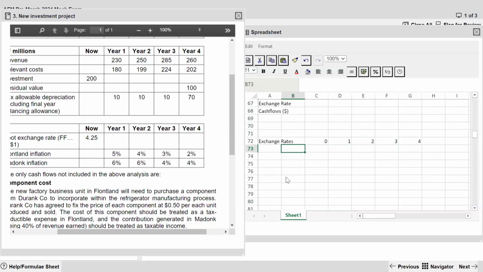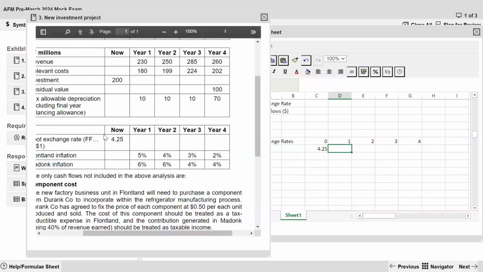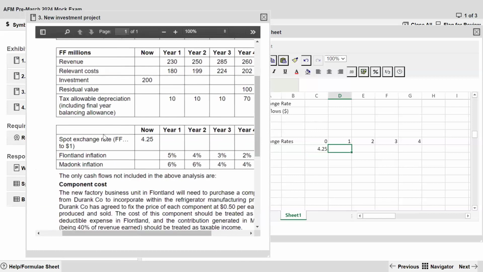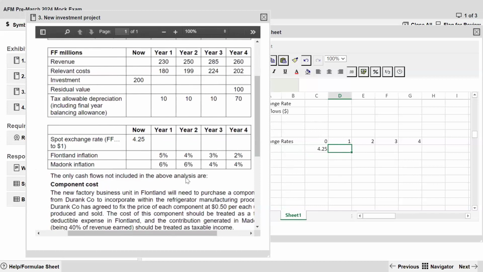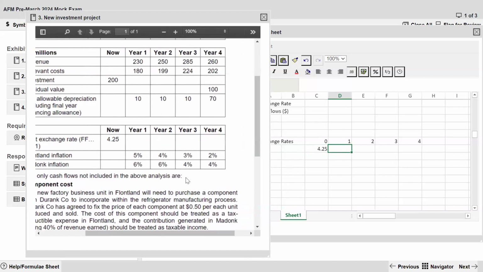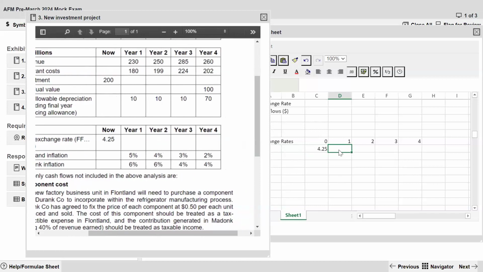The exchange rate is 4.25 right now. And the exchange rate is quoted as FF2. So the inflation of FF is gonna be in numerator, and for the Madonk is gonna be in denominator.